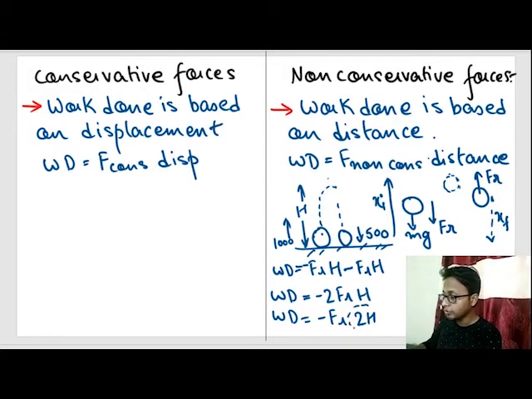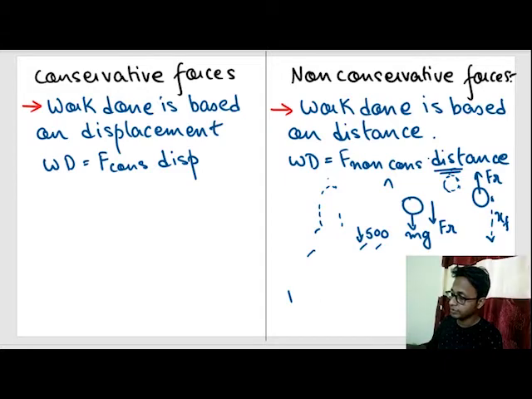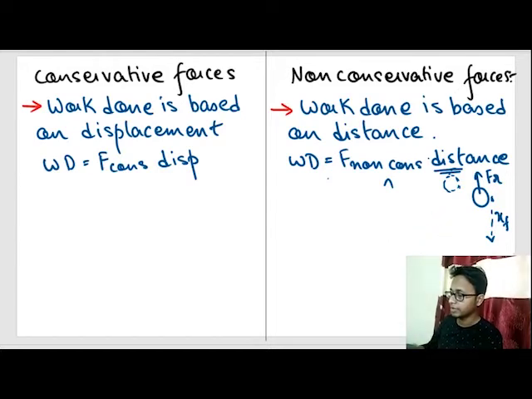Now this 2H is nothing but the distance. See, H goes up, then H comes down. This 2H is nothing but the distance. So this type of scenario is valid for all non-conservative forces. Okay? Now, let's take another example, okay, of a plane.